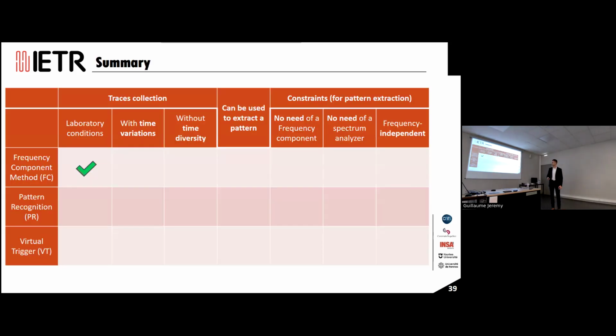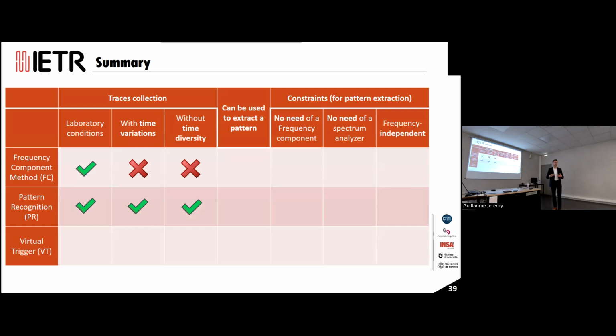So to conclude on this work, we handle the challenge to collect traces at a distance. We started with the initial method proposed in previous work that works in laboratory conditions, but we demonstrated that it has some limitations when we add some constraints that can happen in a realistic attack. To remove this limitation, we propose pattern recognition.